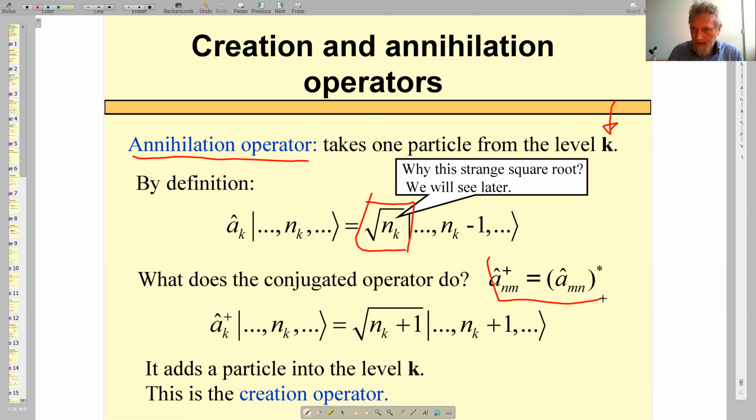This is why the conjugate operator adds a particle to a given state. And by conjugation, there is a similar square root appearing in front of the expression.